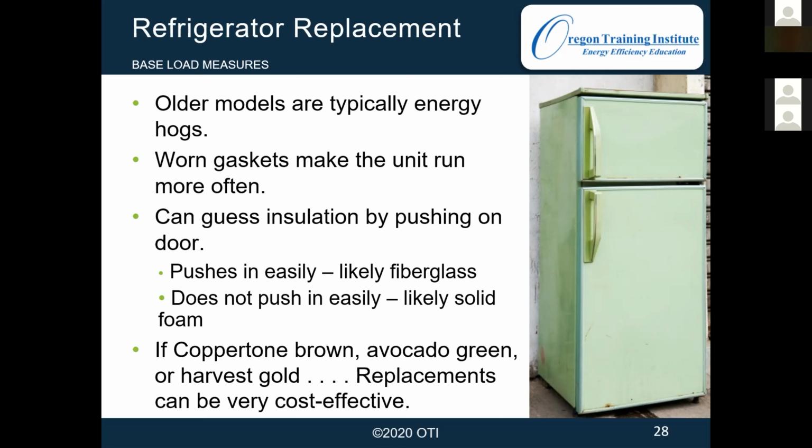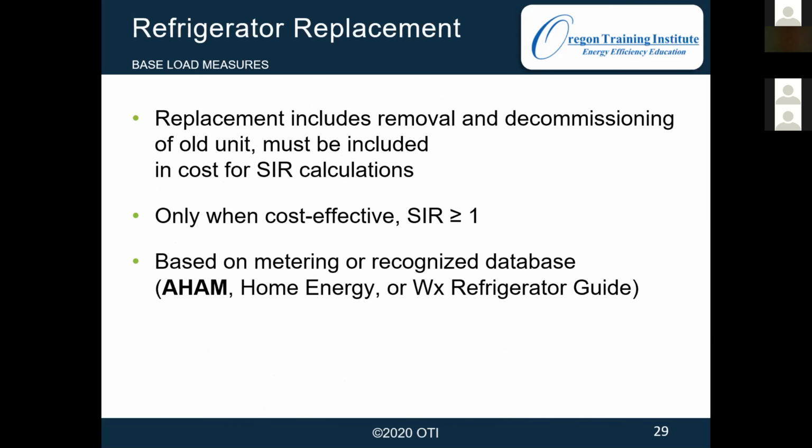Now, I know in Oregon, some agencies have refrigerator replacement programs, some don't, especially in the more rural areas, a little harder to get contractors. But for BPI, they definitely want us to consider this. And we're going to have to measure how much electricity the fridge uses to see if it's going to be cost effective. That's our first priority, to see how much energy it uses.